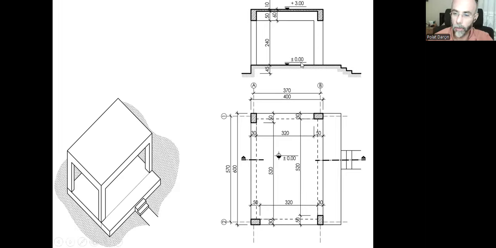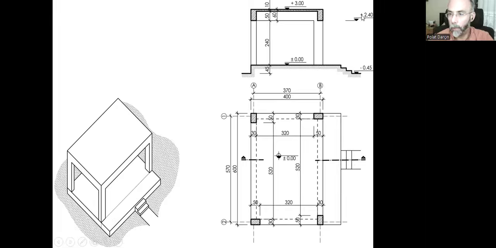And I need to put the same here on the section. And I need to calculate the upper level of this reinforced concrete floor slab, and that's 300 centimeters upper than the ground floor. That means a plus 3.00 meters here. And I can use the same sign with this arrow towards this beam and give the lower side, lower surface of the beam.